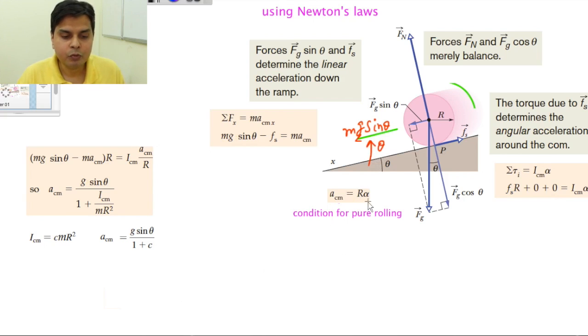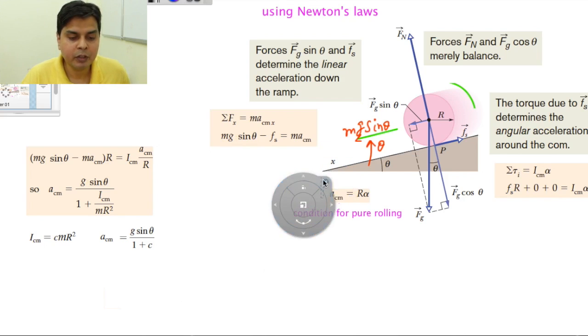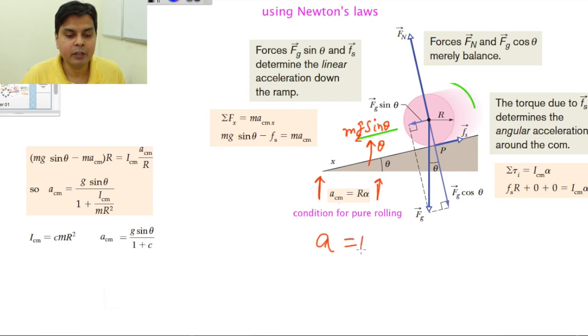Now to satisfy the condition for pure rolling, since your ACM is increasing, that is your acceleration is increasing, then your alpha has also to increase, because ACM is equal to R alpha. Now to have a greater alpha, you will need a greater f.